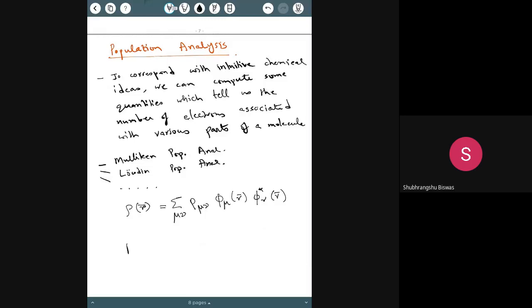And we also saw a property of the density matrix, or the wave function. We can write it like that as well.